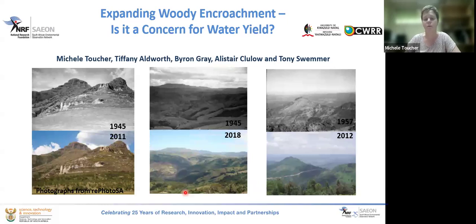There's been quite a lot of work on the ecological drivers of this, in terms of fire, grazing and carbon dioxide. But looking at the water connection, there hasn't been much work done on that.